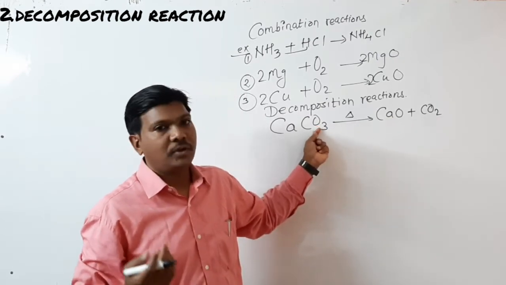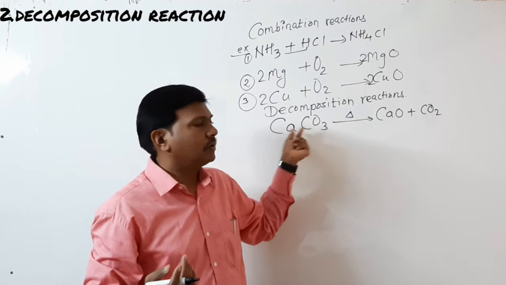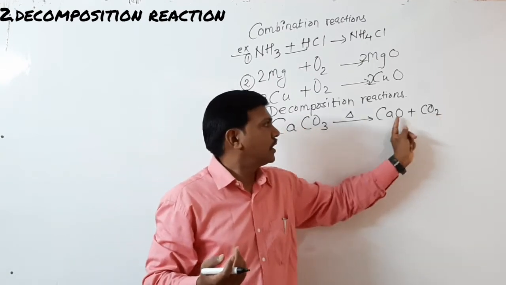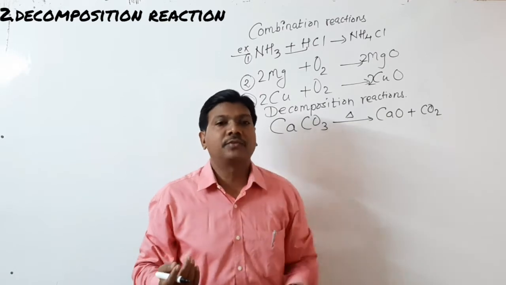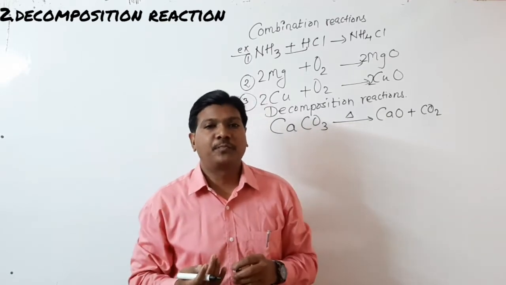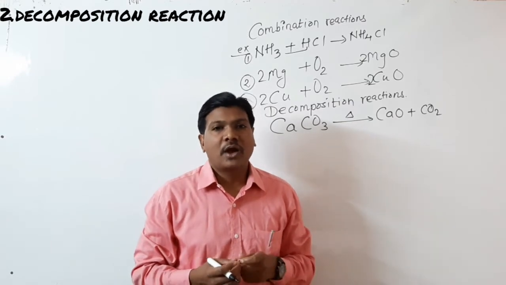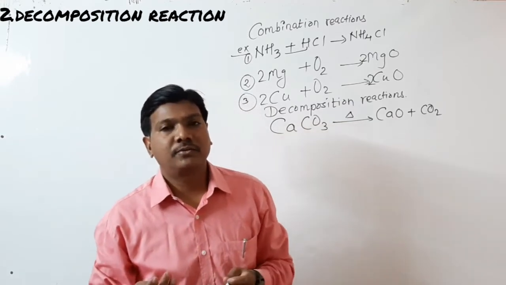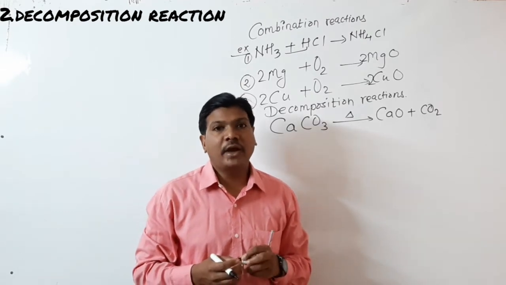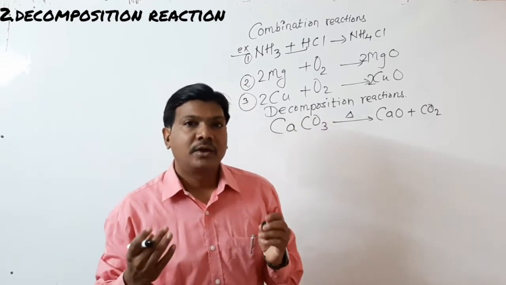The number of atoms of oxygen is 3 on the left-hand side, in the reactant, and here 2 and 1 make 3, so it is balanced.